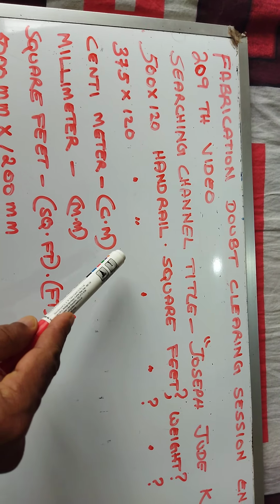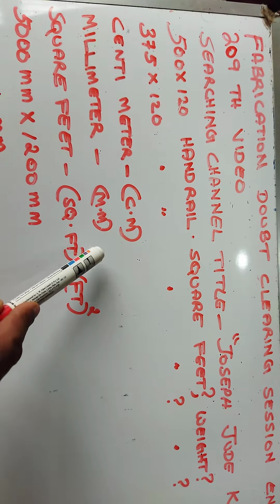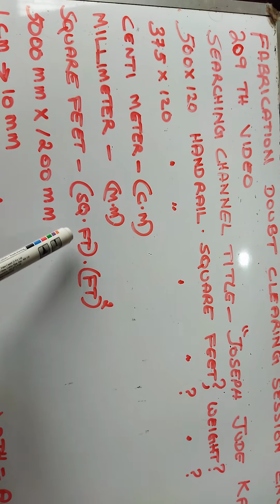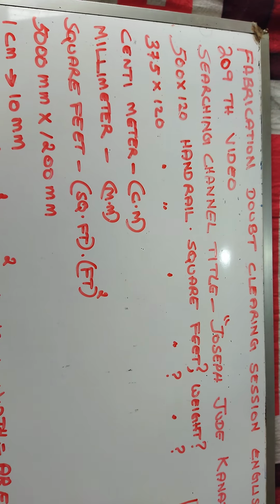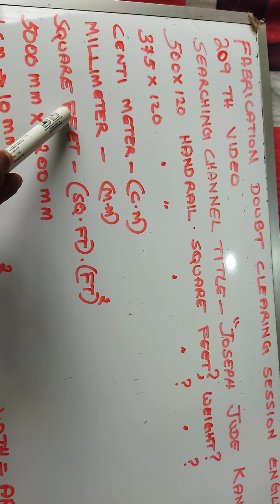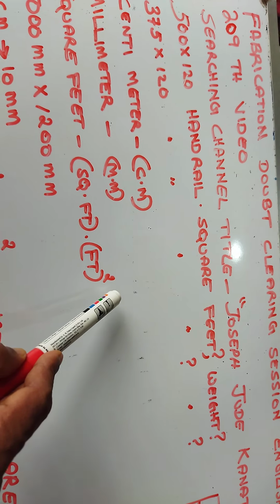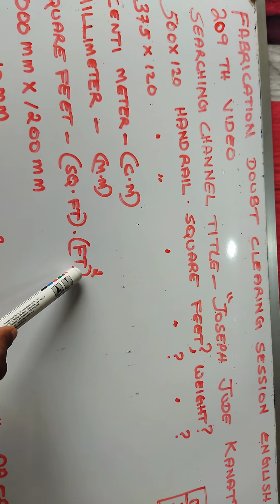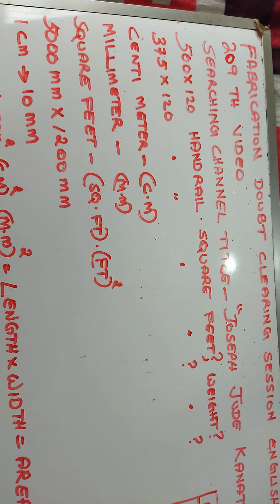When I say cm, you have to think centimeter, mm is millimeter, and sq.ft is square feet. Square feet can be written sq.ft and also ft square, which means two feet squares multiplied.